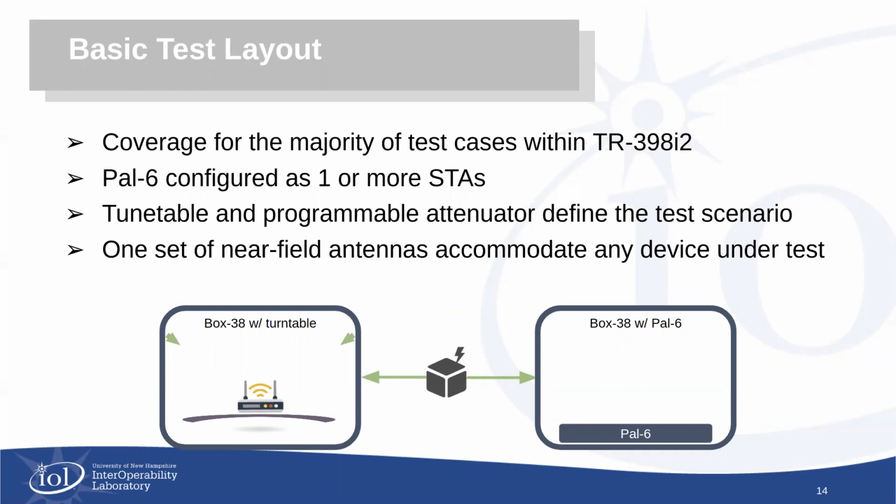And then, through that control, we're obviously automating everything through Test Sentinel, so that we're able to drive the level of repeatability that is necessary. And as I mentioned, this is probably the majority of the actual TR398 cases.